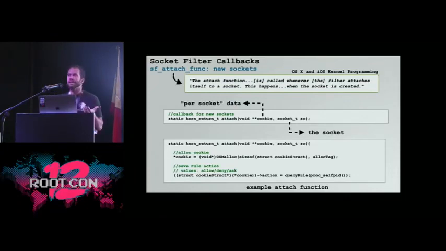So if it's a trusted system process, perhaps the DNS daemon or some software update component of the operating system, we will set this to allow. If it's also something that the user has indicated should be allowed, for example their browser or a chat application which is authorized to access the network, similarly we set the action in this cookie parameter to allow as well.